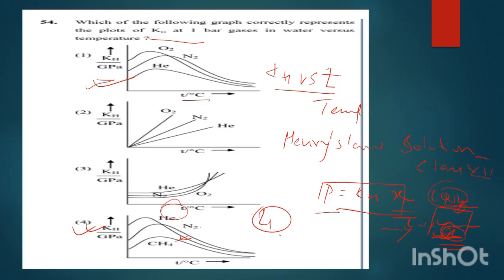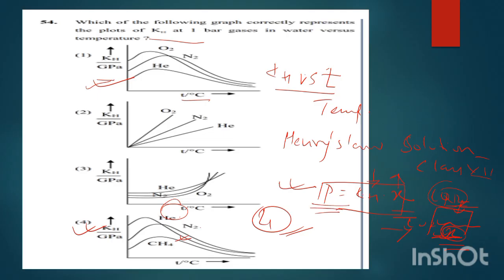Let's again discuss from the graph whether we have the correct answer or not. We have to identify the graph where the KH versus temperature plot is given. Since P equal to KH X, the greater the mole fraction, the less will be the value of KH.